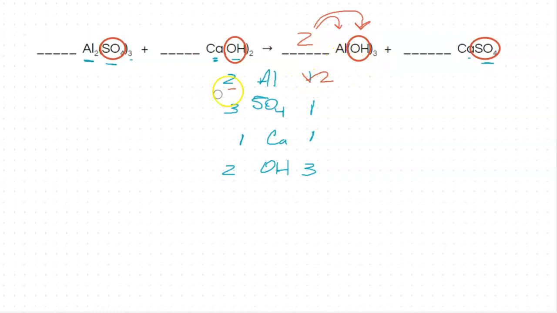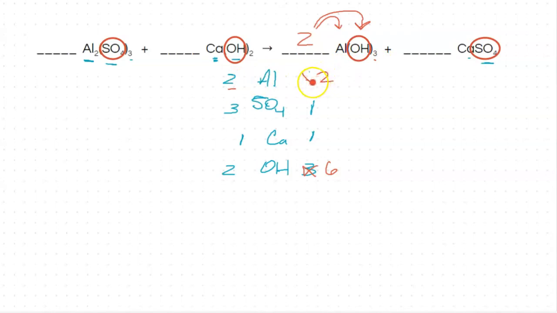That meant I have 2 aluminum atoms, but it also means I have twice as many hydroxides. Well, I had 3 when I started, and I put a 2 in front, and I just doubled it. So 2 times the 3 is 6, because I have 2 of those particles that have 3 hydroxides each. So now I've taken care of my aluminum.